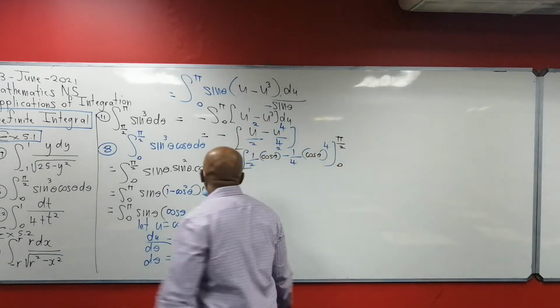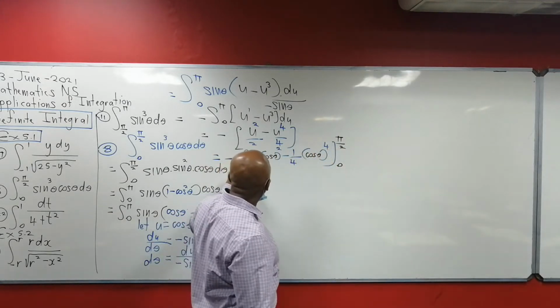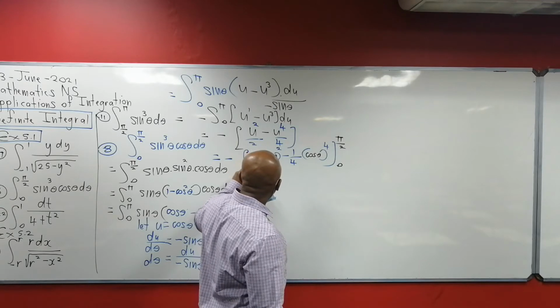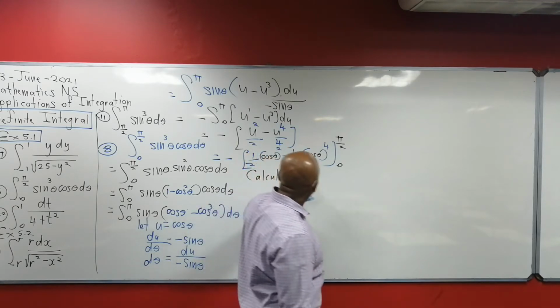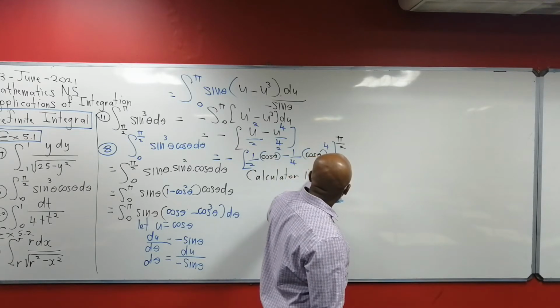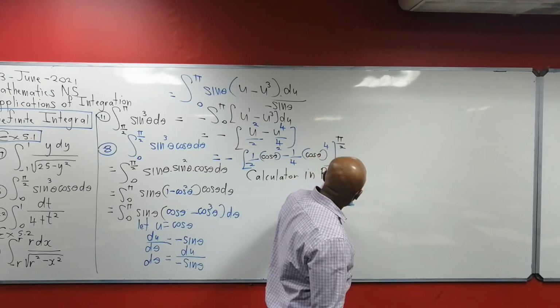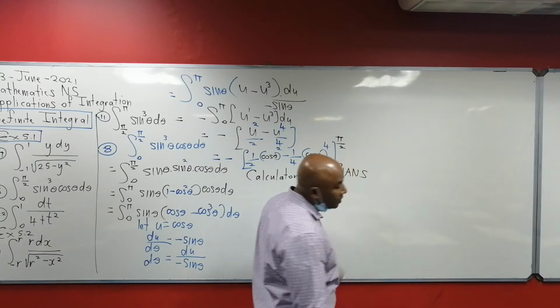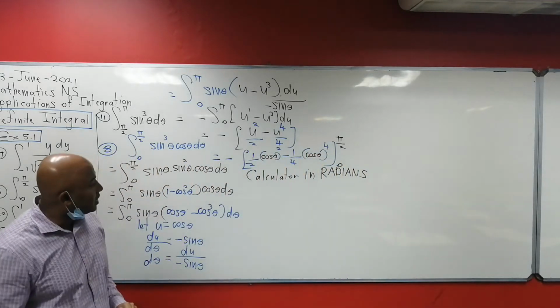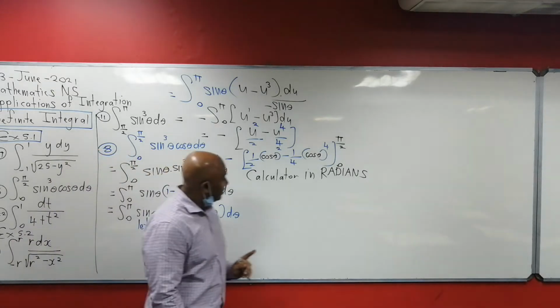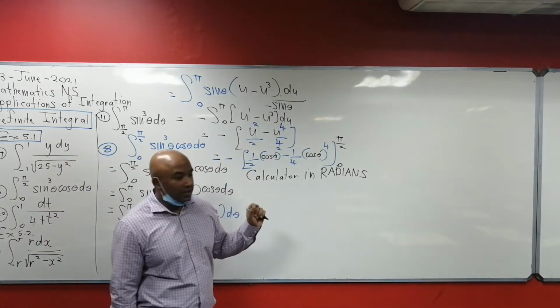Now your calculator. You convert to radians. Whenever you're dealing with trigonometry, it's best to work with radians, not degrees, especially when you're substituting values.